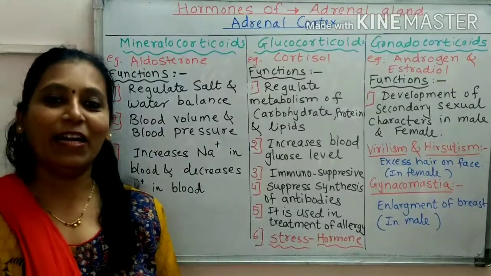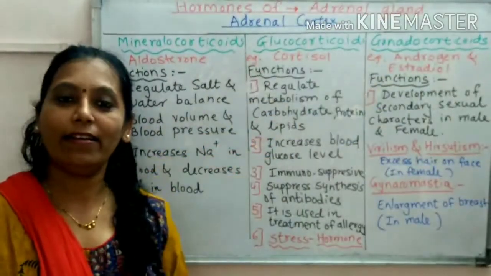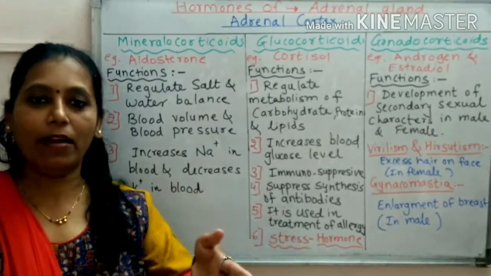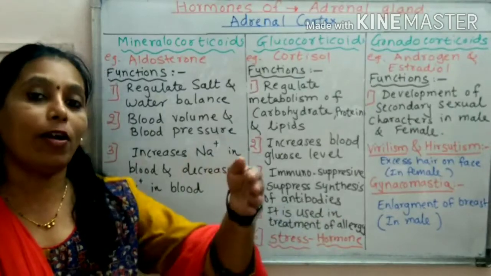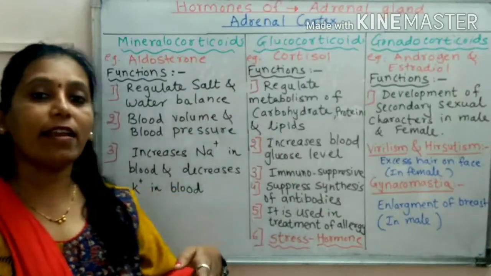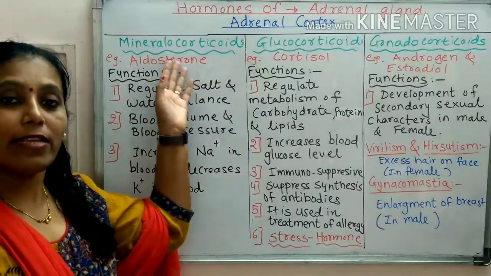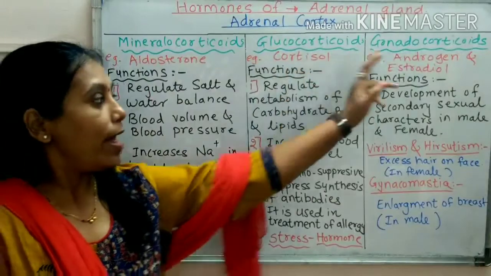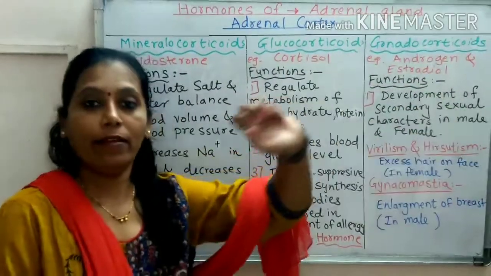We will now study the functions of hormones secreted by the adrenal gland. We have studied that the adrenal gland is divided into two distinct parts. The outer part is the cortex and the inner part is the medulla. The cortex is divided into three layers. These three layers secrete three different hormones. The first category is mineralocorticoid, the second is glucocorticoid, and the third is gonadocorticoid hormone.